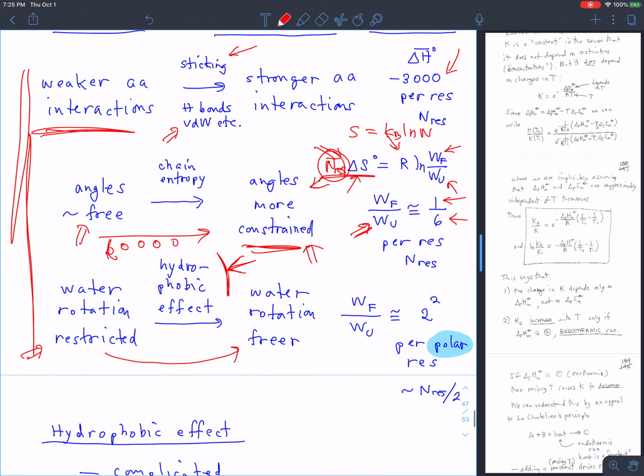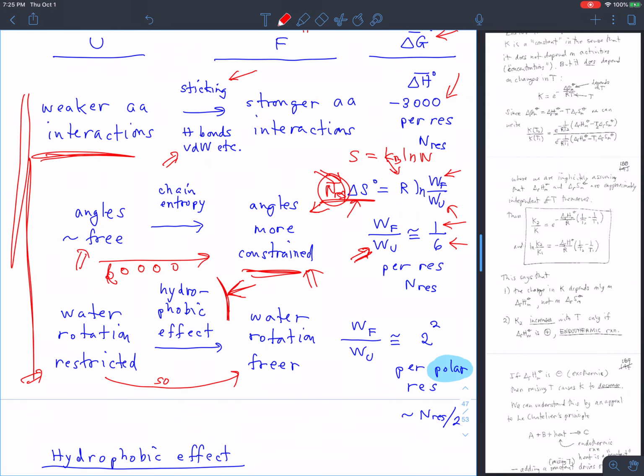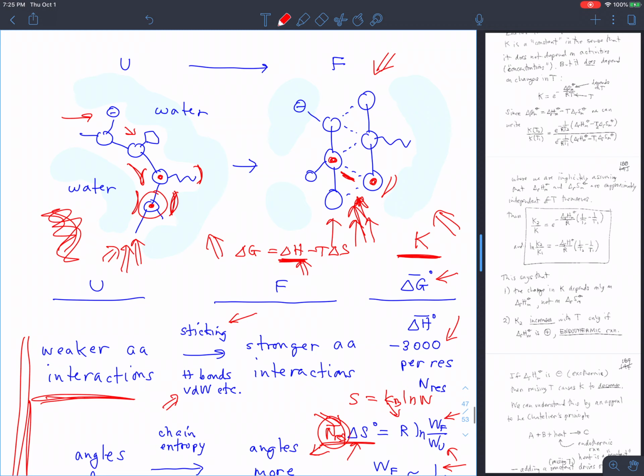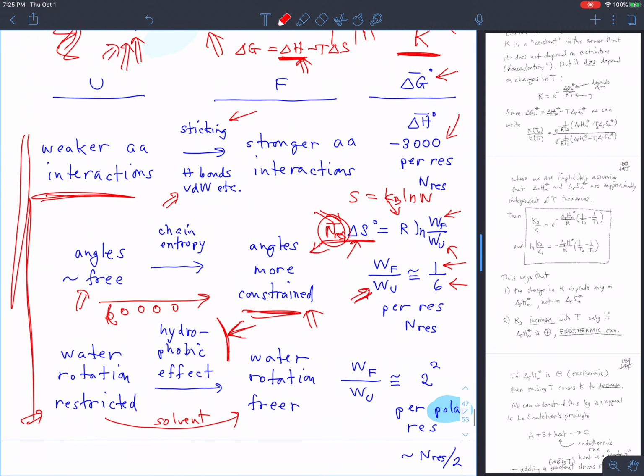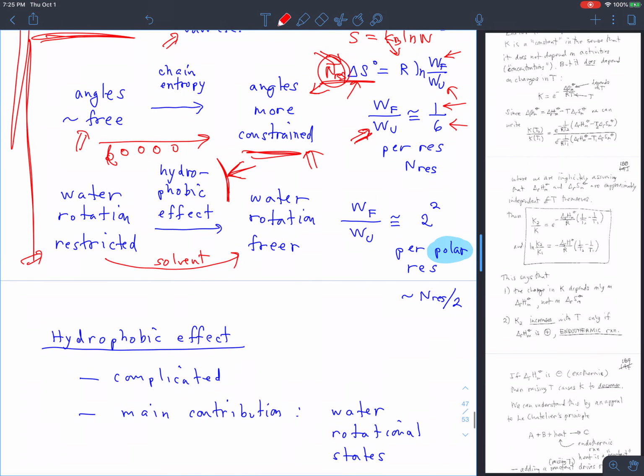In other words, this is an effect that comes from the solvent. It's not from the protein itself. And it's not the sticking of the solvent to the protein either. It's the freedom of the water to rotate when it's exposed to the protein versus when it's less exposed because the protein is folded up and some of the residues are buried inside the protein now.